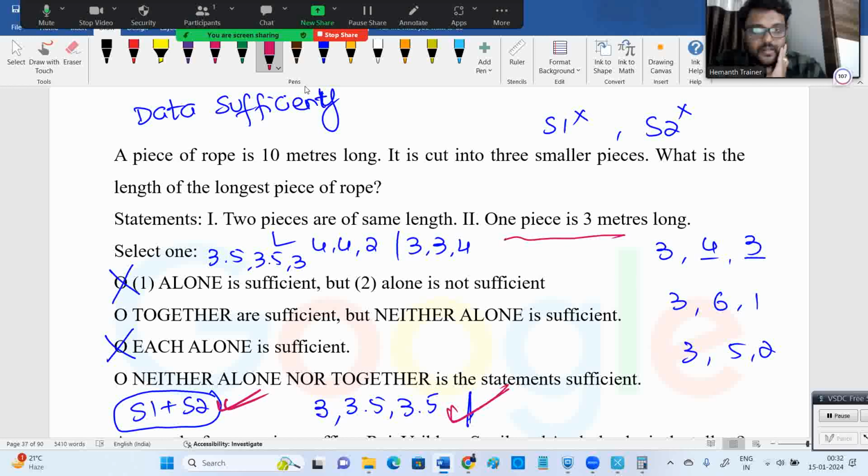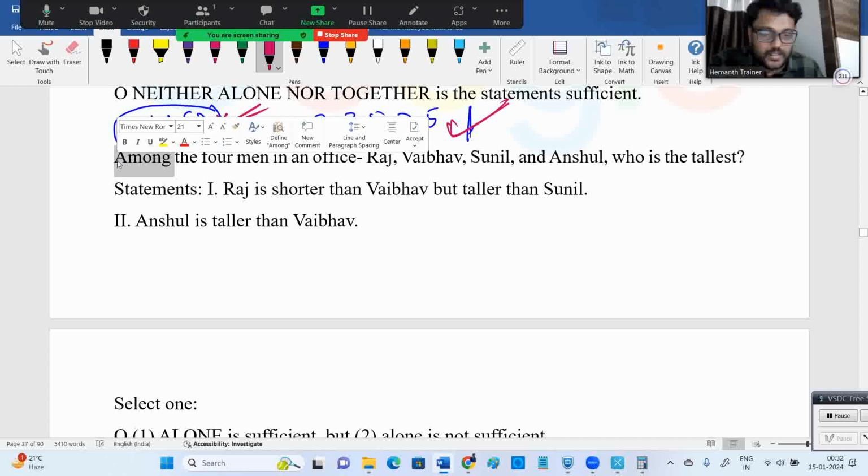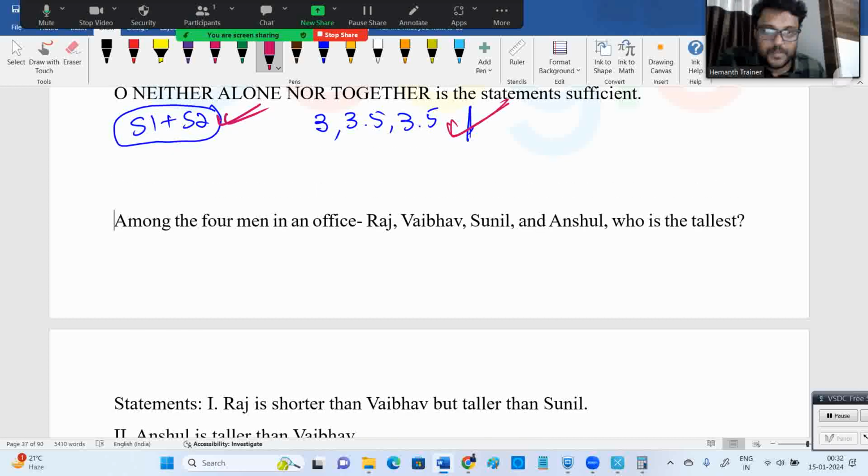So 3.5, 3.5. We need two pieces of the same length, so the longest will be 3.5. I cannot go with 3, 3, 4. So together I can answer that the longest piece length is 3.5.